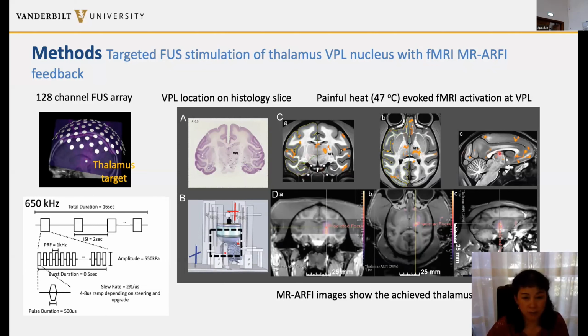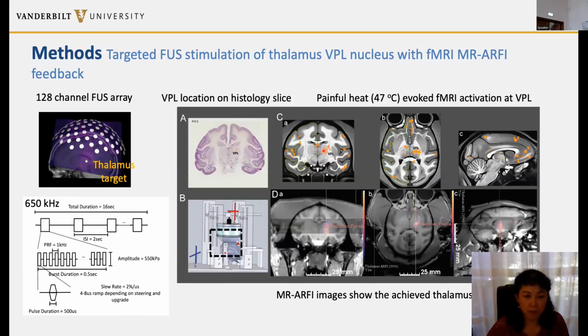Here on the top three images, you can see the VPL nucleus showed robust response to the painful stimulation. This region corresponds to the VPL nucleus illustrated in the histological slices and also the atlas.